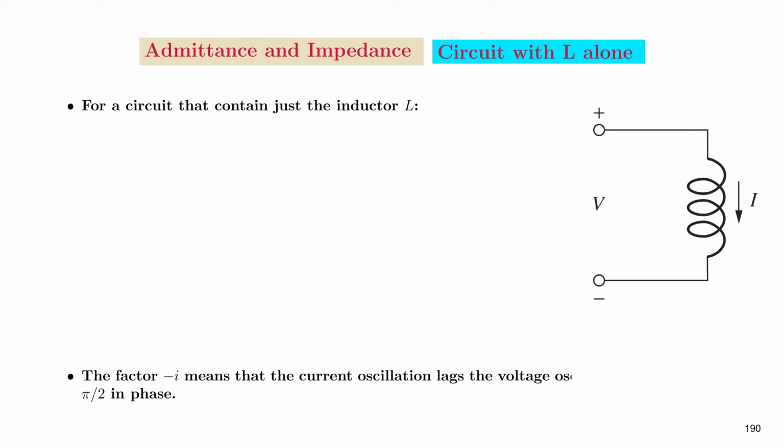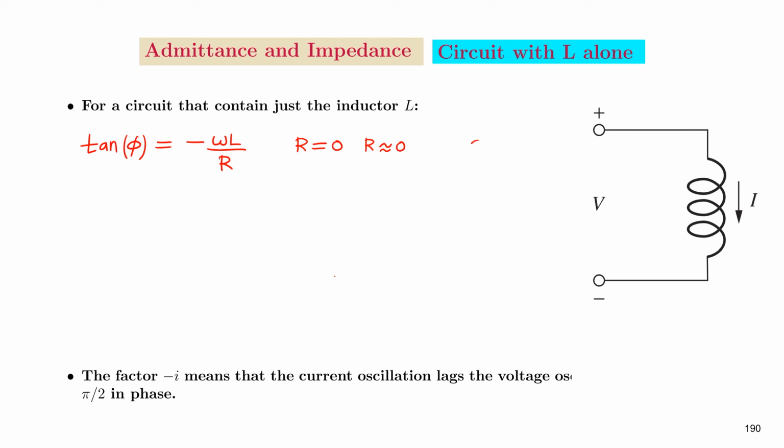We shall now consider a circuit containing only an inductor. In this case, the phase angle tan phi is equal to negative of omega L over R. In the ideal case, R will be equal to 0, but in practice we cannot completely neglect the value of R. Therefore, we can take R as approximately equal to 0, or R will be having a very low value.